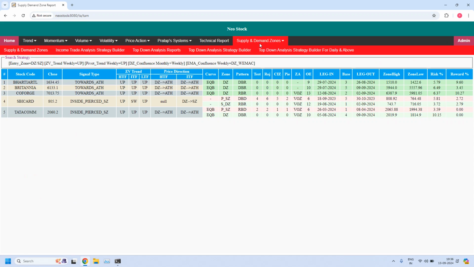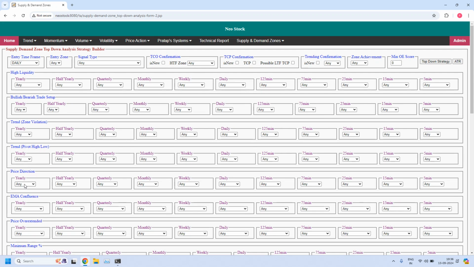Okay, then next we will look for supply zones. How many supply zones are having a weekly EMA confluence? So entry time frame is weekly. In the EMA confluence at weekly time frame, looking for a weekly supply zone with weekly EMA confluence.